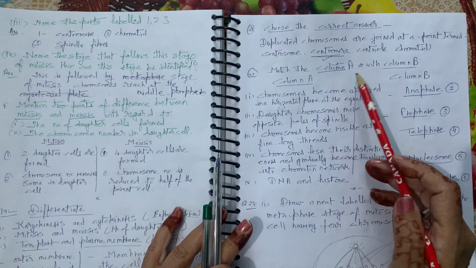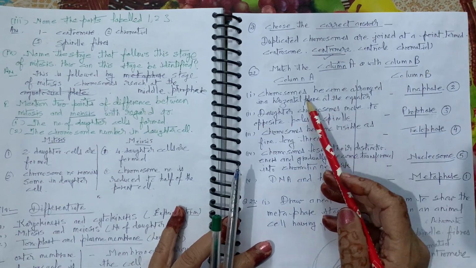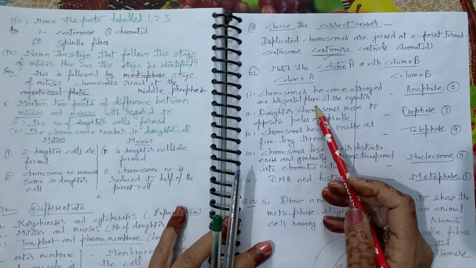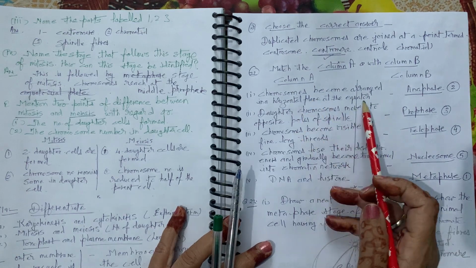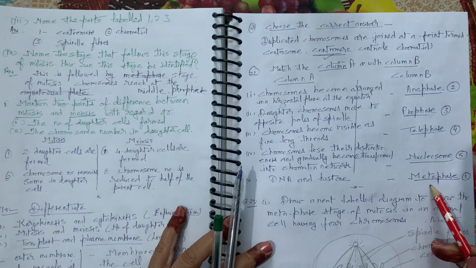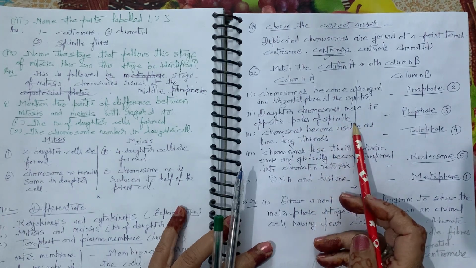Next, match column A with column B. Chromosomes become arranged in a horizontal plane at the equator, that is in metaphase.